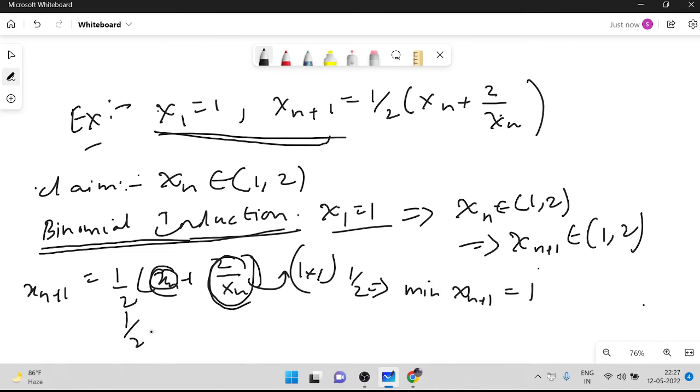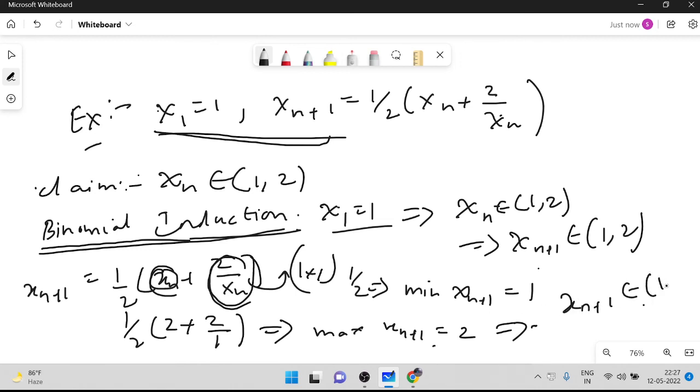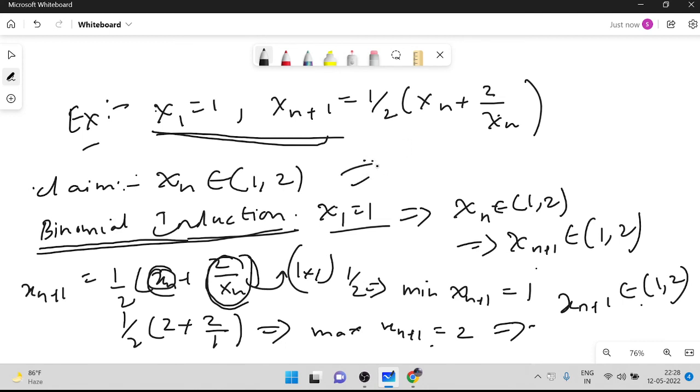Similarly, 1/2 times (maximum xn can attain, which is 2, plus 2/1) implies the max of x(n+1) is 2. So x(n+1) belongs to [1, 2]. Hence the entire sequence xn's belongs to [1, 2].